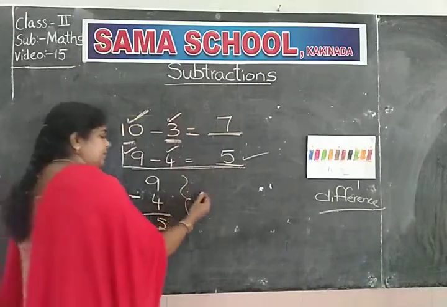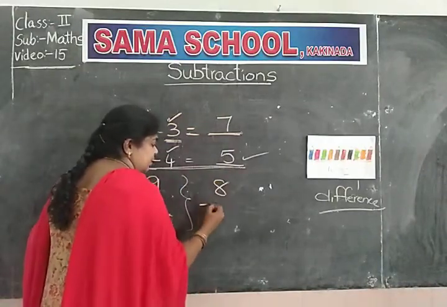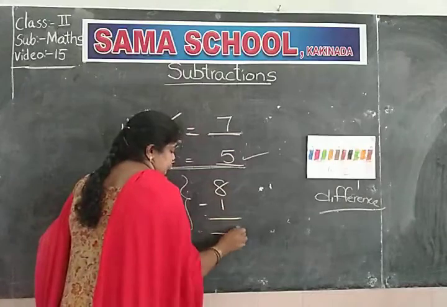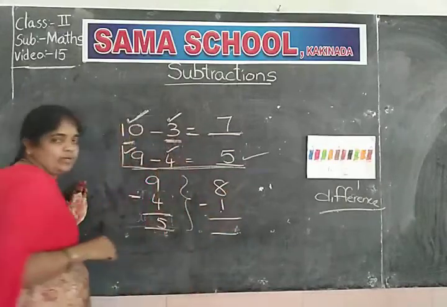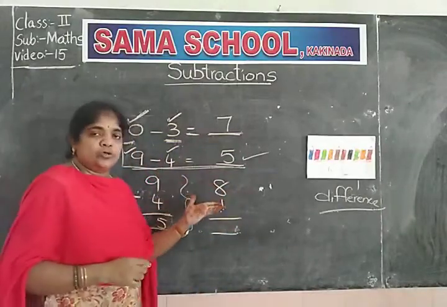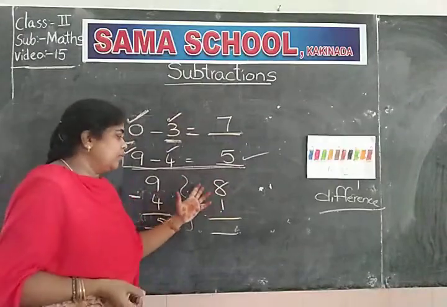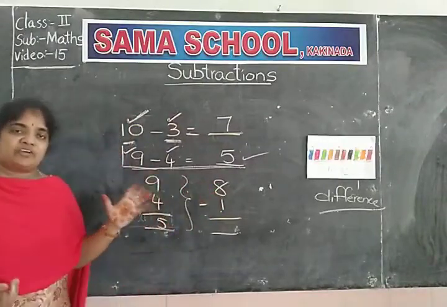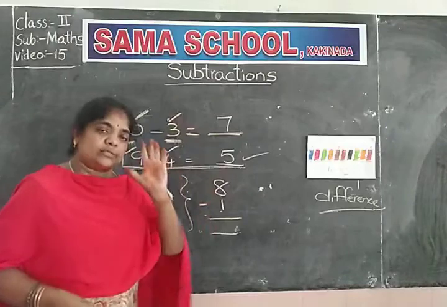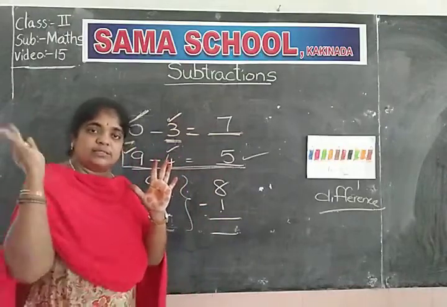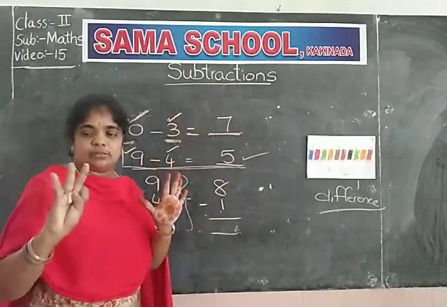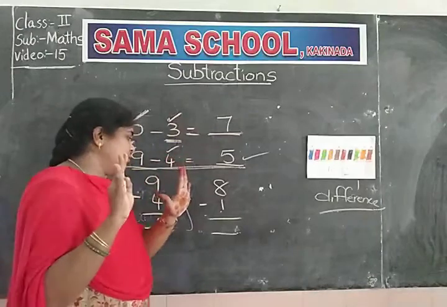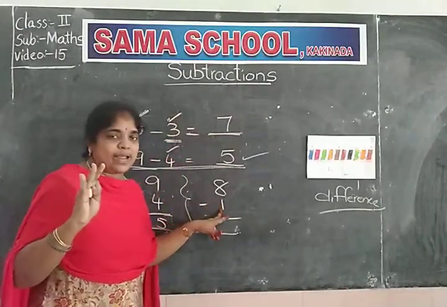Okay, another example: 8 minus 1. The first number we use to take out the fingers. What is the first number? 8 is the first number. Take out 8 fingers. 5, 6, 7 and 8. These are 8 fingers. How many fingers do we have to subtract?